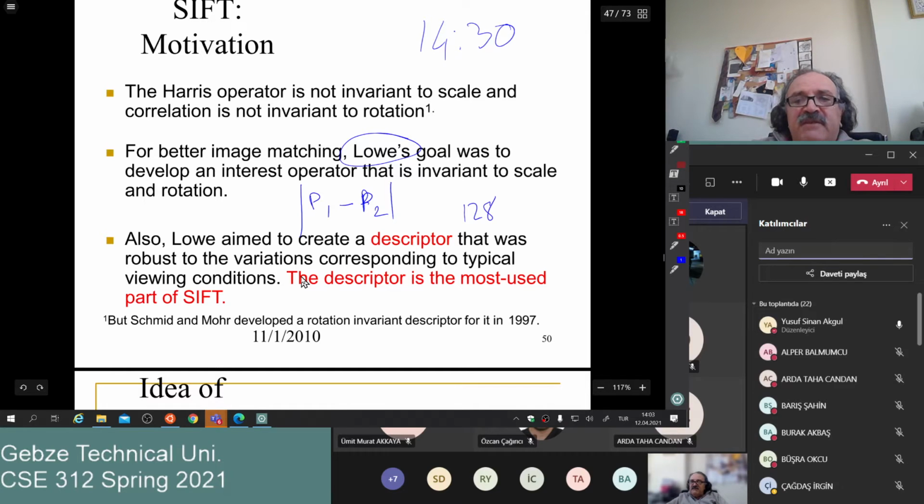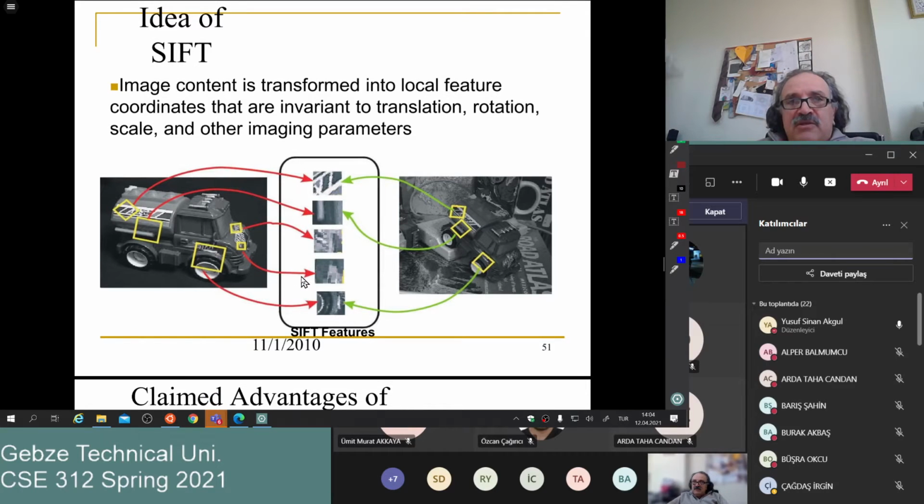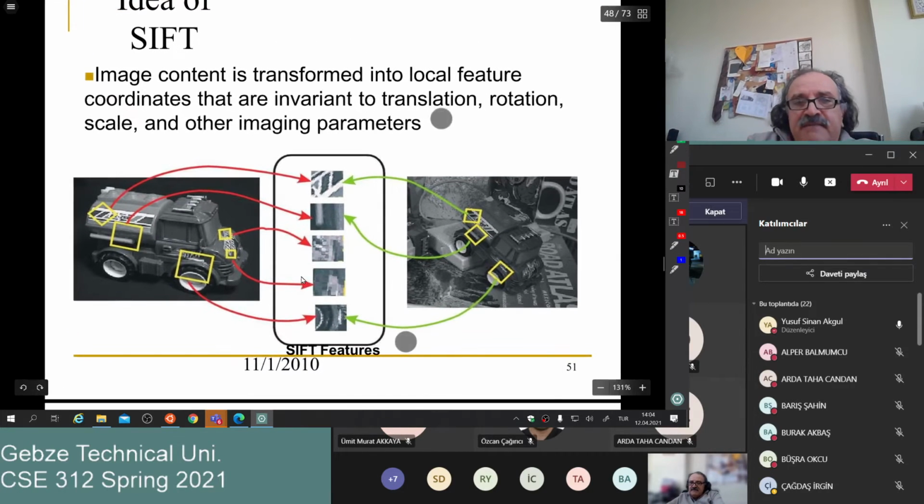Okay. So SIFT doesn't tell you how to compare these vectors. SIFT tells you how to extract these descriptors. So the idea of SIFT is this: you find your interest points on this image. You find your interest point on this image.